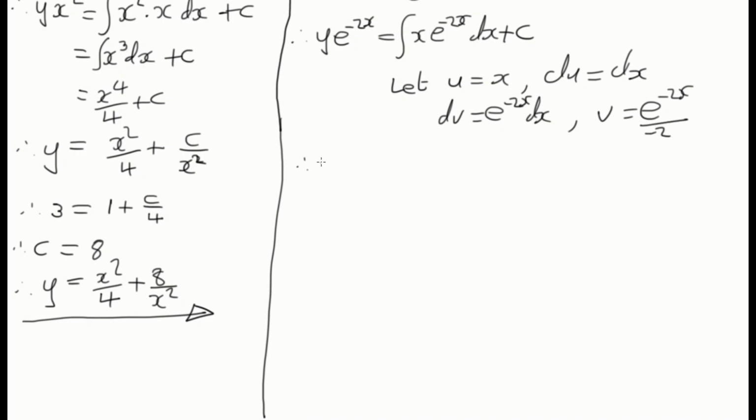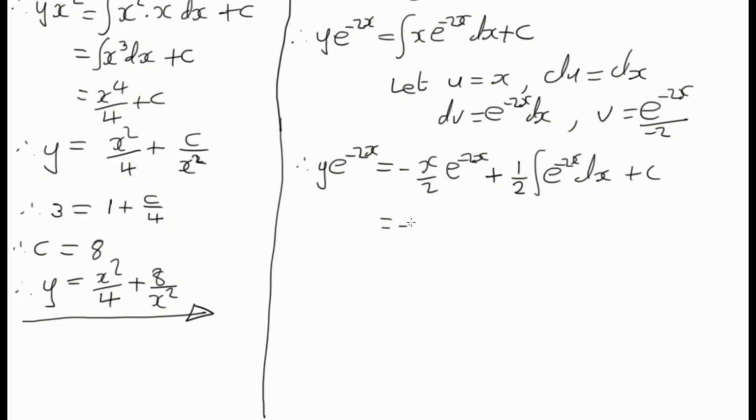So y e to the minus 2x is equal to uv, which is minus x over 2 times the exponent, minus, according to the by parts, a 1 over 2 here. There is a minus also coming with the minus 2, therefore it's a plus here, e to the minus 2x dx. Let me say plus a c.